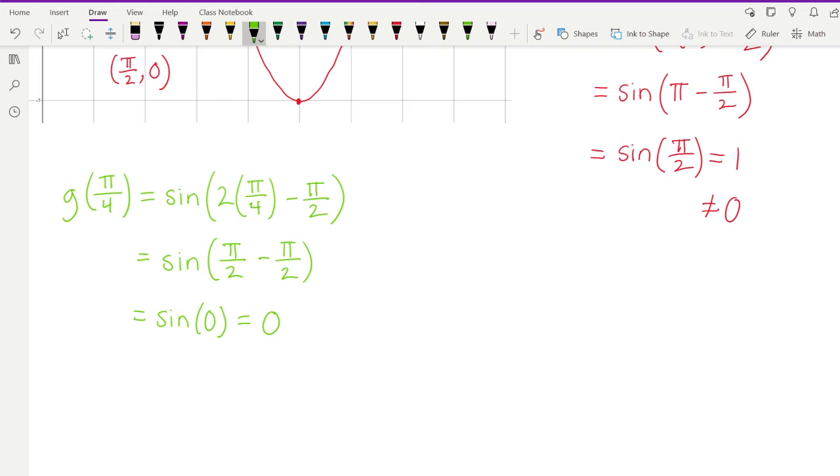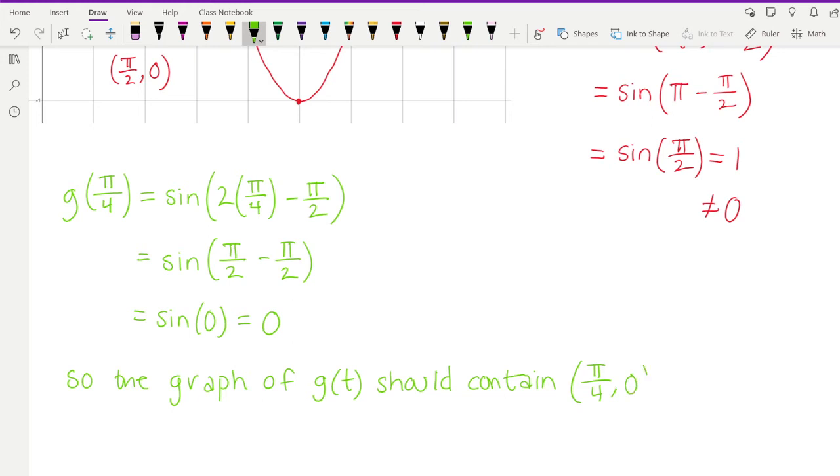And so that tells us that the graph of g of x, or g of t, should actually contain the point pi over 4, 0, not what we found above. So the graph that we sketched above instead contained the point pi over 2, 0.